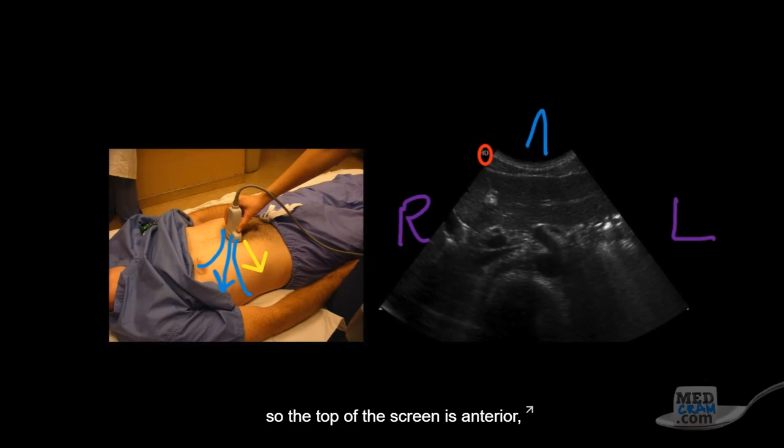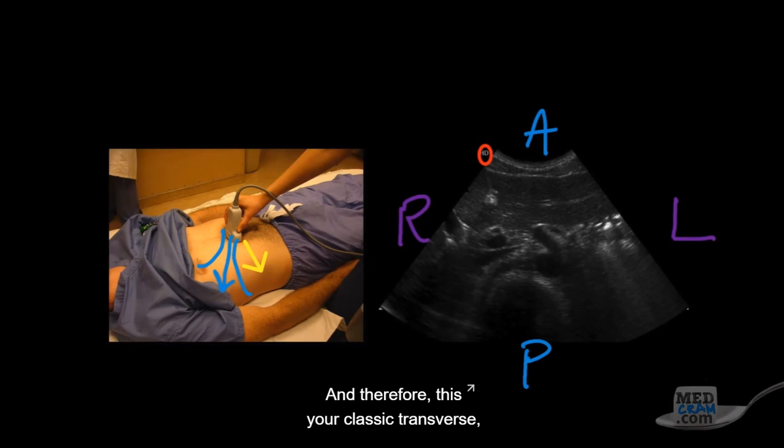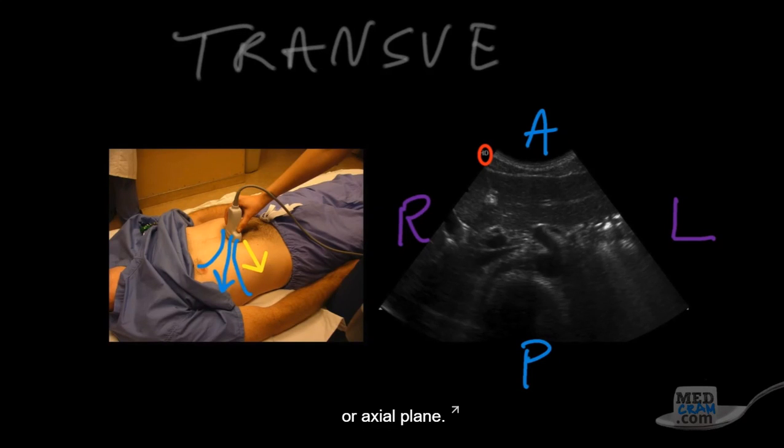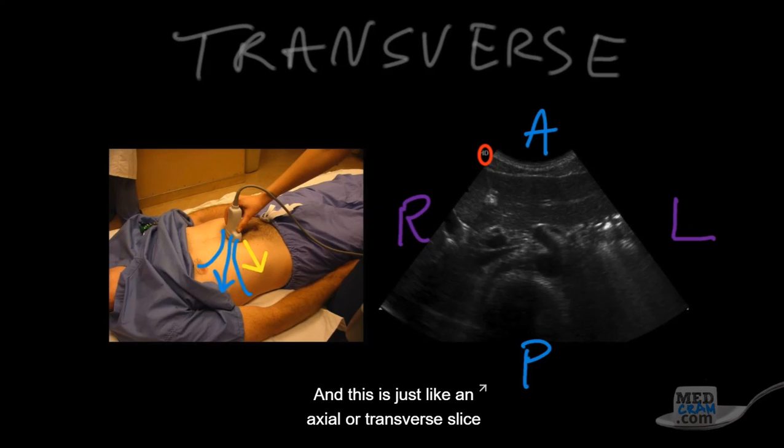So the top of the screen is anterior, the bottom of the screen is posterior. And therefore, this is your classic transverse or axial plane. And this is just like an axial or transverse slice on a CAT scan or MRI, where you're looking at the patient from the feet towards the head.